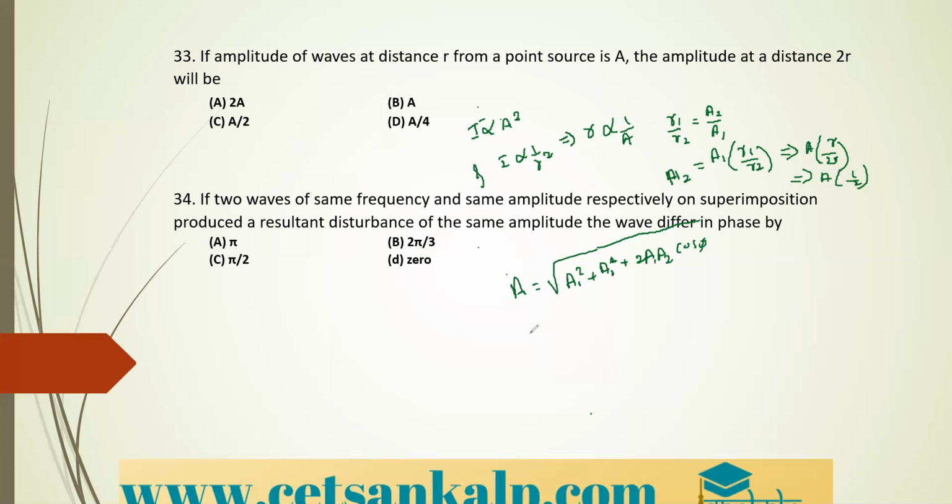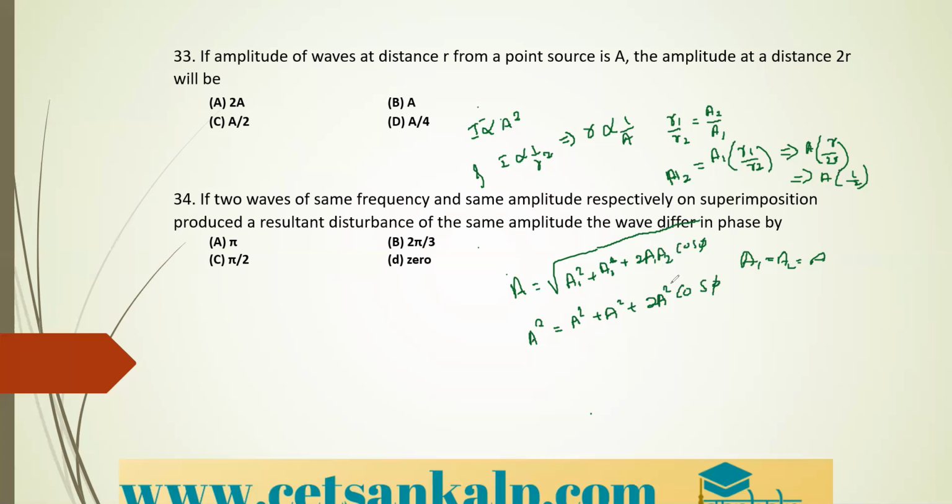Squaring on both sides, we get A square is equal to A square plus A square plus 2A square cos phi, because they are of the same amplitude. So I can take A1 equal to A2 equal to A.